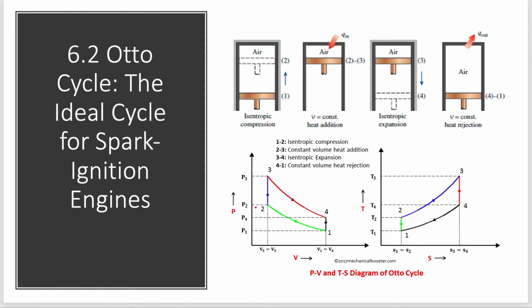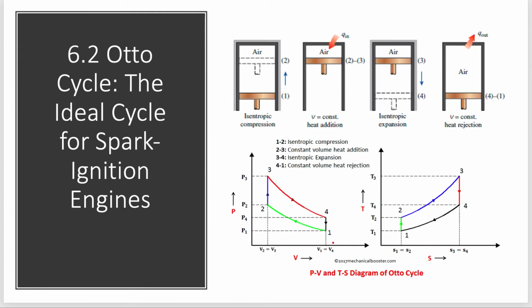This is the PV diagram and TS diagram of the Otto cycle. As I mentioned before, this is the PV diagram. 1 to 2 is isentropic compression. 2 to 3 is constant volume heat addition. 3 to 4 is isentropic expansion, and 4 to 1 is constant volume heat rejection.